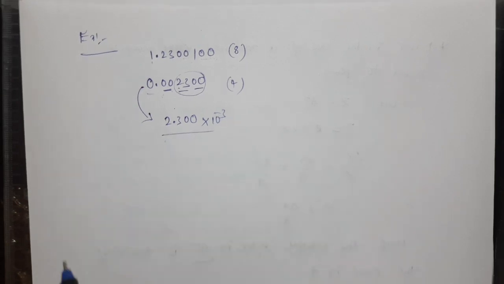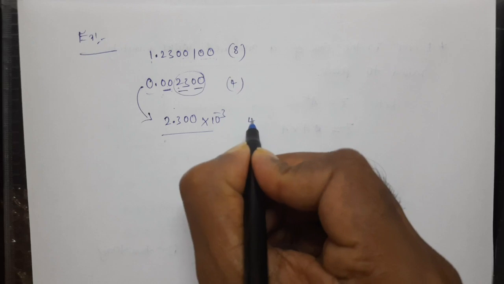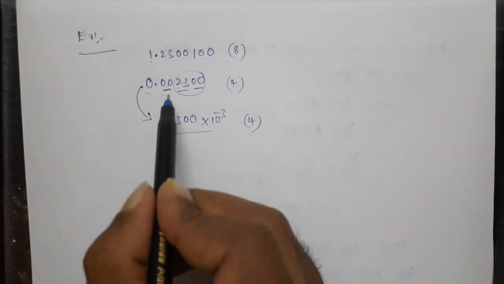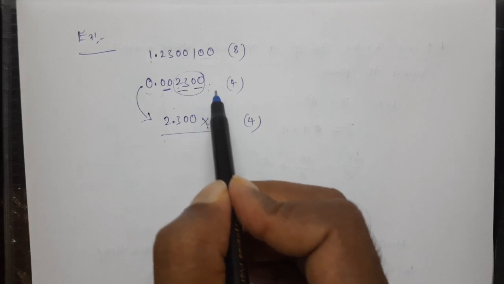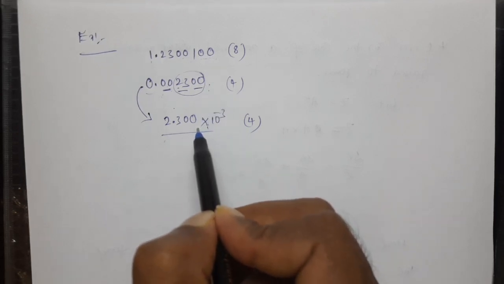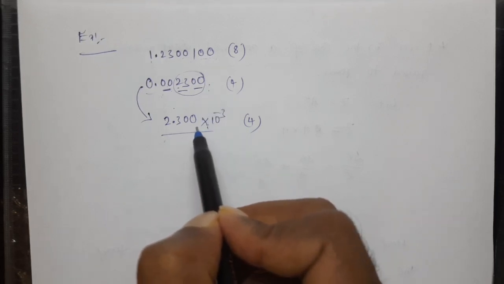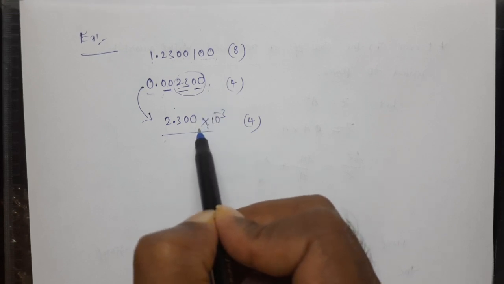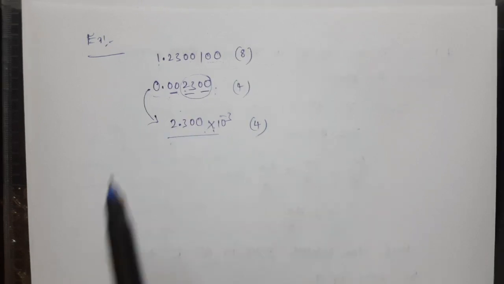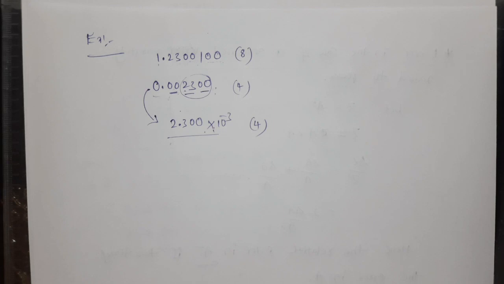So how many significant figures are there? 4 significant figures. That means this one and this one are the same, but this is in general notation and this is in scientific notation. So it's better to write every measured quantity in scientific notation. It becomes very easy to find the number of significant figures or significant digits in the given number. Yeah, this is about significant figures or significant digits.